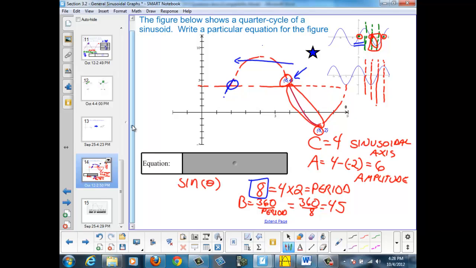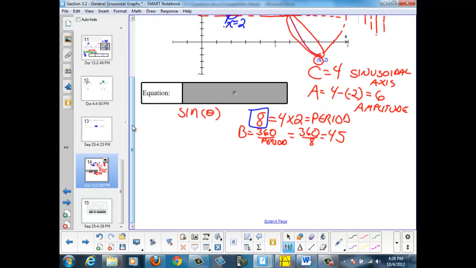So we've traveled 4 units back from the x equals 6. So this would be x equals 2, and that distance from the y-axis would be my phase displacement, or my d value. So our d value is 2 units.